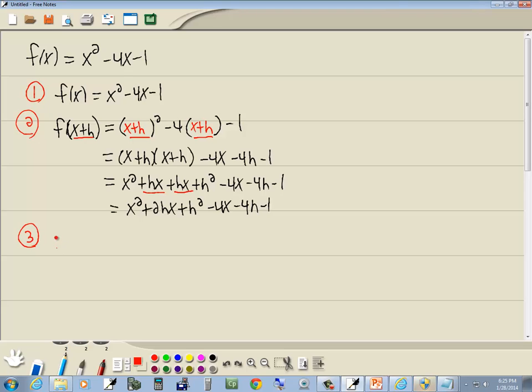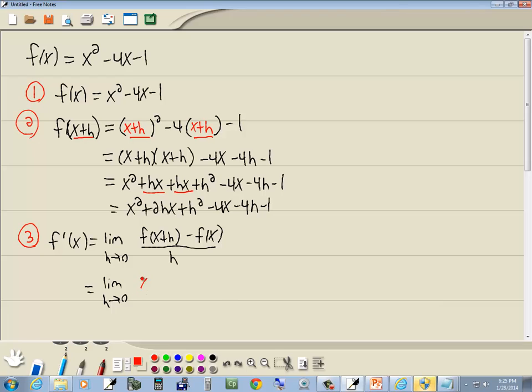Step 3. Plug it into our formula. f prime is equal to the limit as h goes to 0 of f of x plus h minus f of x all over h. So we got limit as h goes to 0. f of x plus h from step 2 we said was all of this.